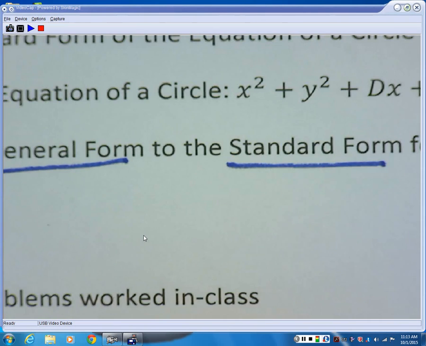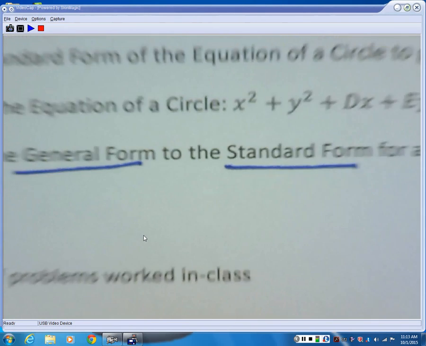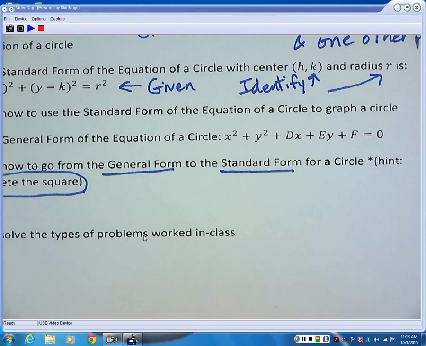And you just log in with your MyStatLab login, MyMathLab login, okay? So completing the square was in a worksheet we did, but we want to pick out another problem to do.